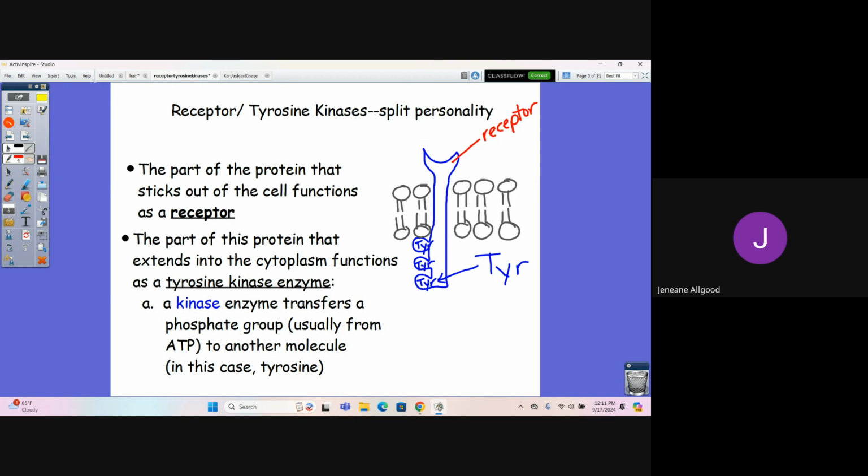The word that comes before kinase is usually what's receiving the phosphate group. So the kinase part, as you'll see today, will remove phosphate groups from ATP, but they're going to add phosphate groups to these tyrosine molecules that are facing the cytoplasm.